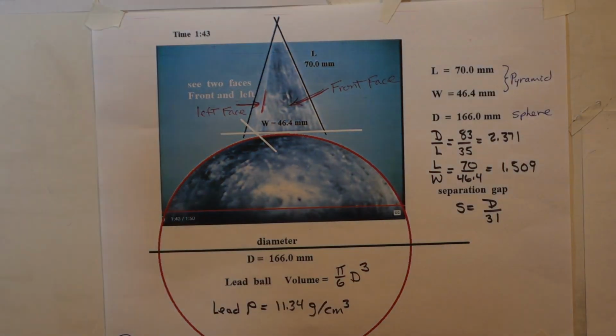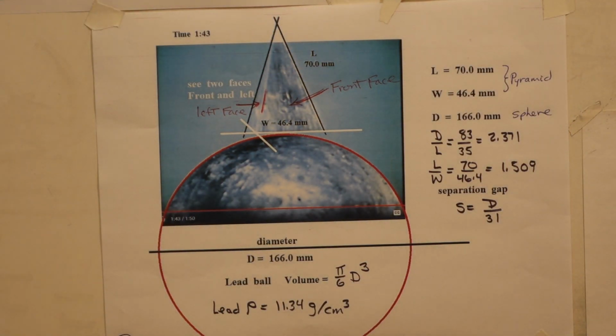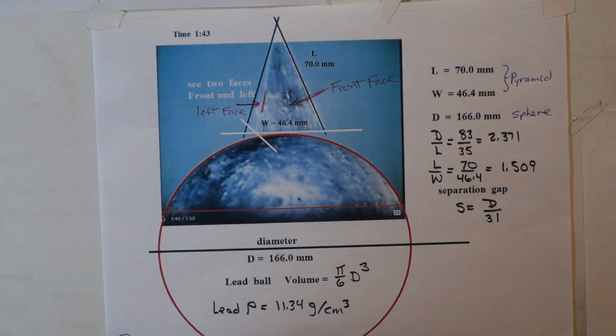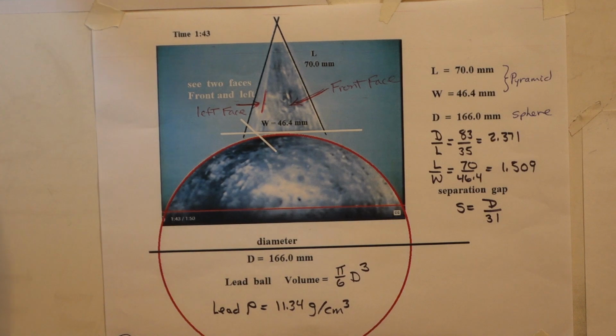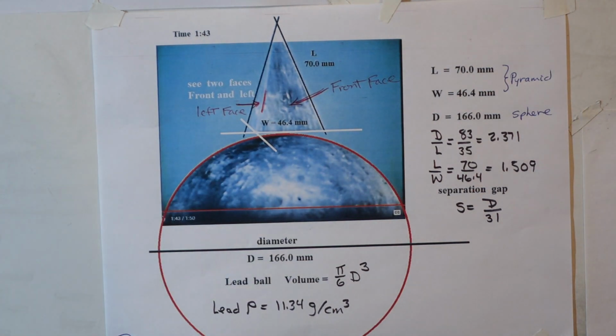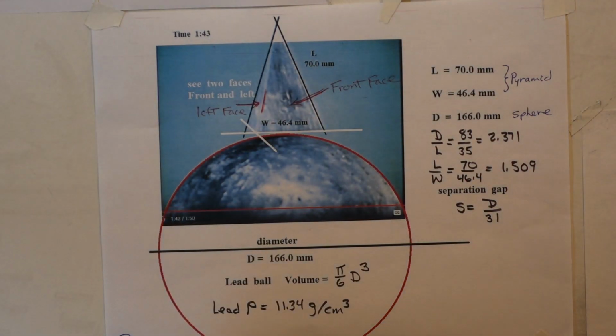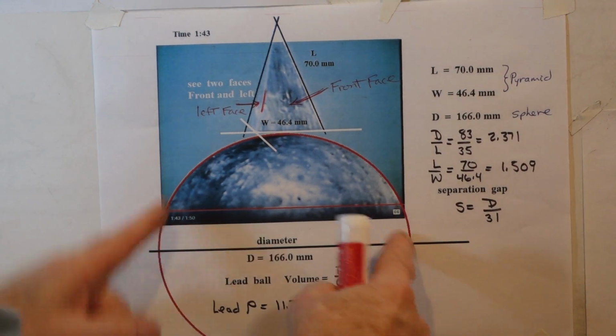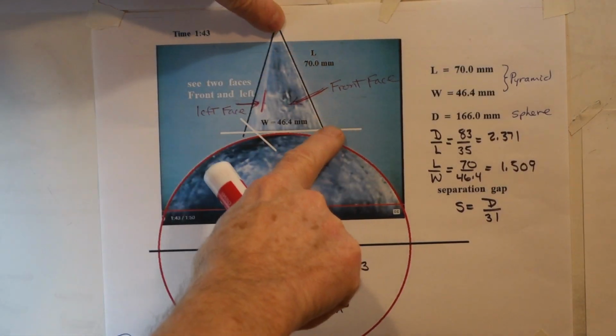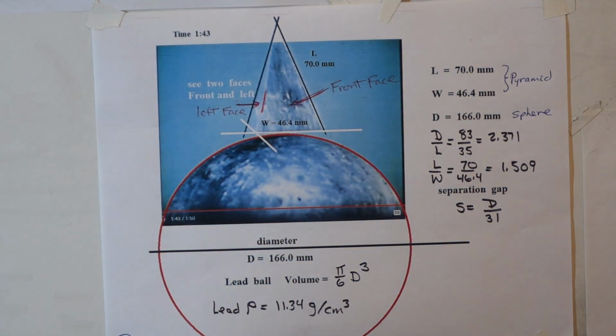So we can get the ratio of D to L. D to L is 166 divided by 70, and that works out to 2.371. So that's our ratio of the diameter of the sphere to the side length on the pyramid.